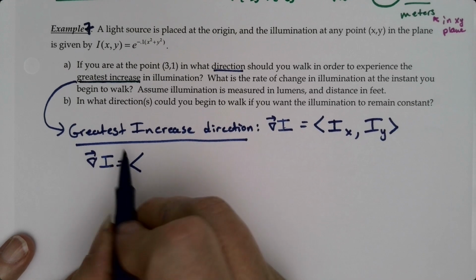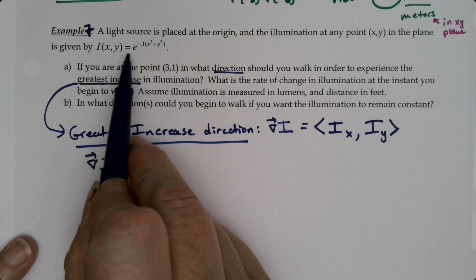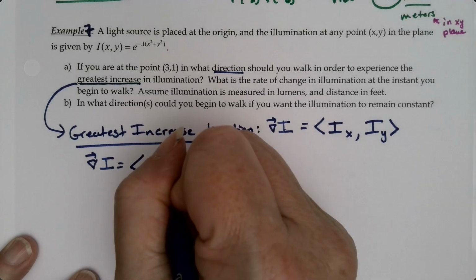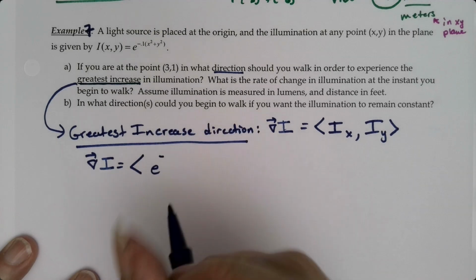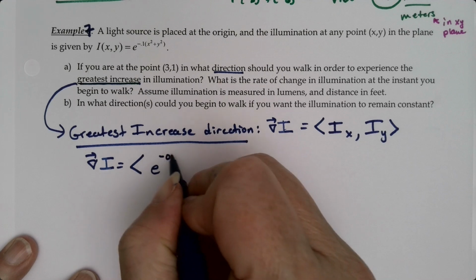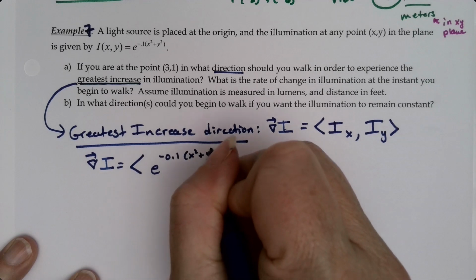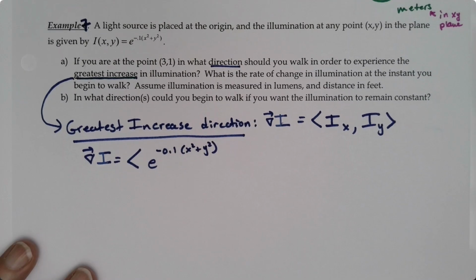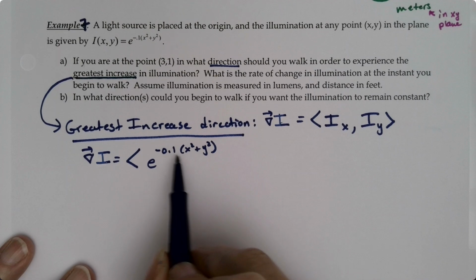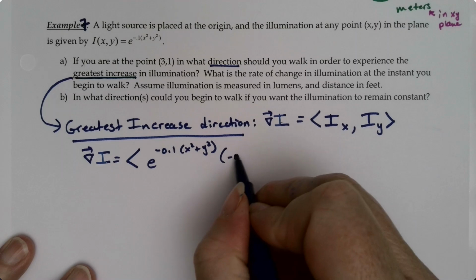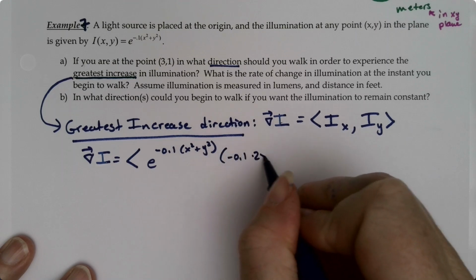Okay, so let's find that. The derivative of e to the something is e to the something, so that's pretty easy. This is e to the negative 0.1 times x squared plus y squared, times the derivative of the interior with respect to x, which would be negative 0.1 times 2x, right?